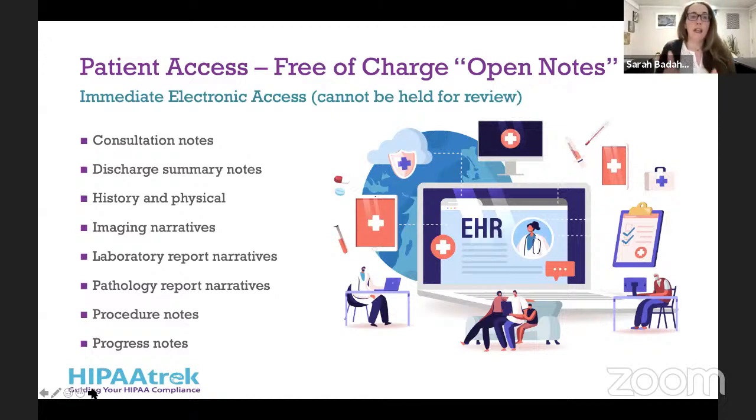Now, if it falls underneath one of the exceptions that we're going to go over later, like risk of harm, or if it falls underneath another privacy regulation, either federal or state, then you can hold those based off of the exception, but they cannot simply be withheld because your provider wishes to review the results before giving the results to the patient.